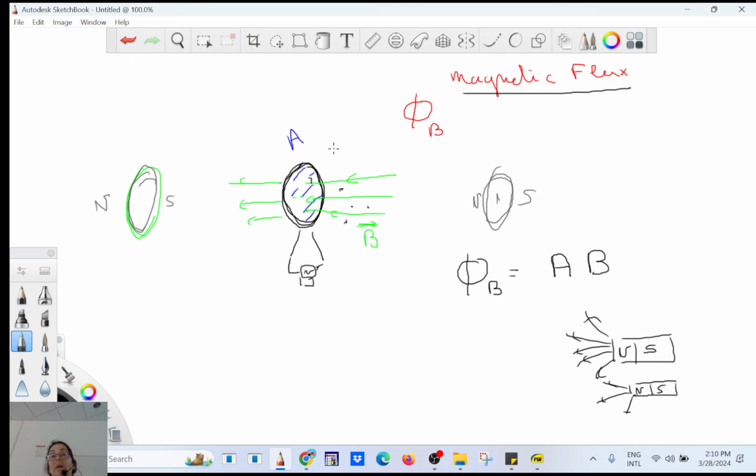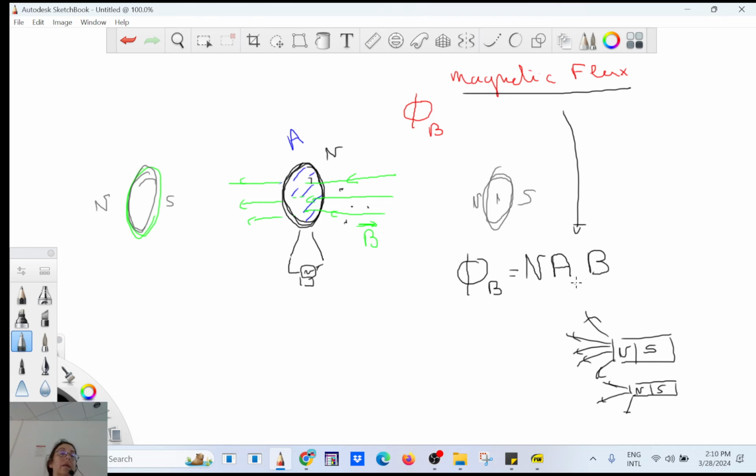And in that case, you have n loops, so it's going to add up. So you're going to put an n here. That will be called the magnetic flux. You can think of that as the number of field lines poking through this imaginary area attached to your coil.